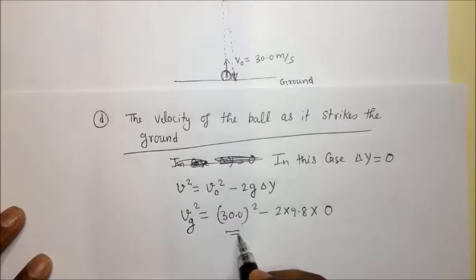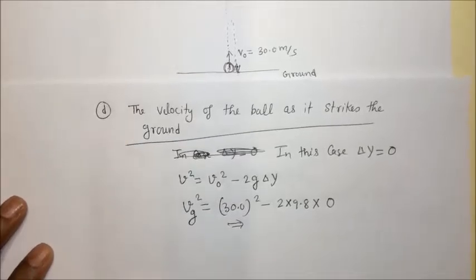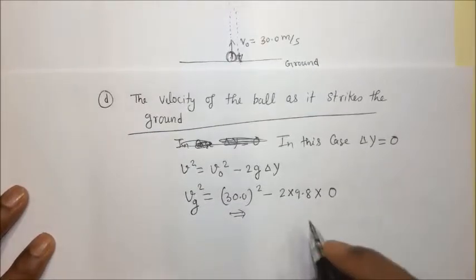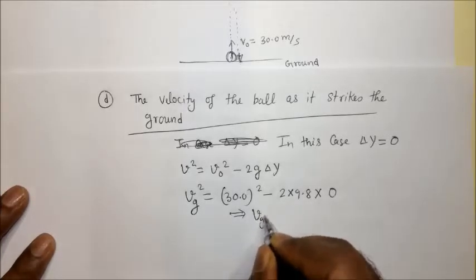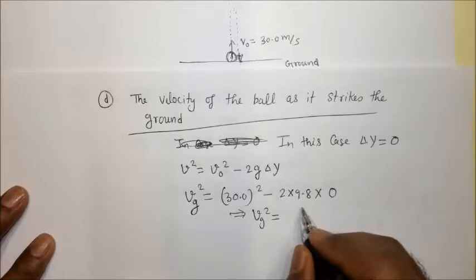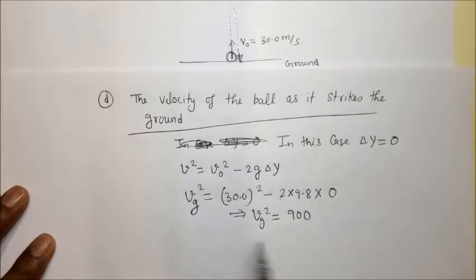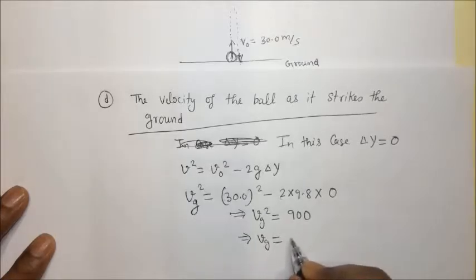So this gives you vg square is equal to 900. This whole thing becomes 0. So vg is equal to the square root of 900, plus or minus.